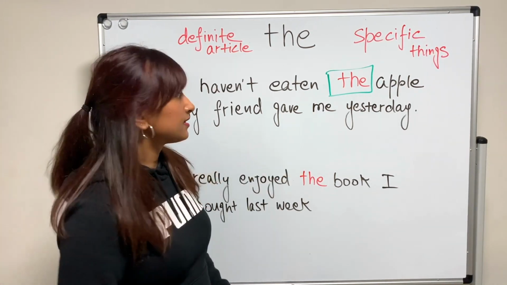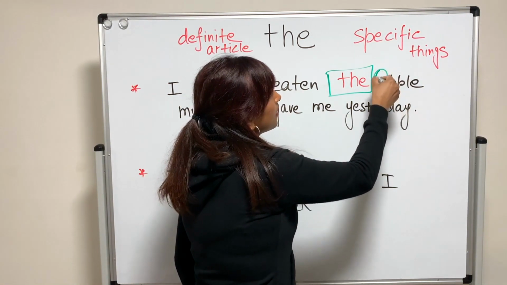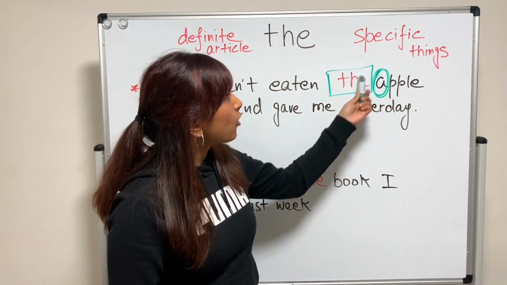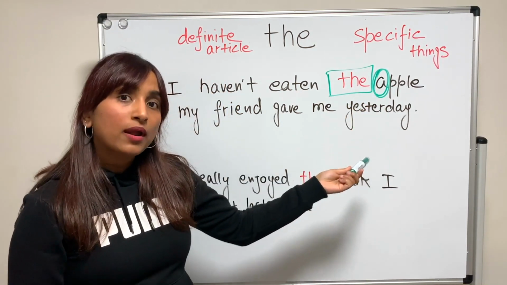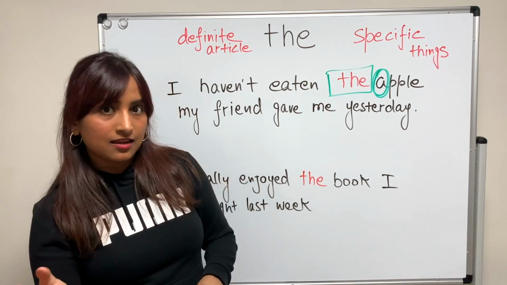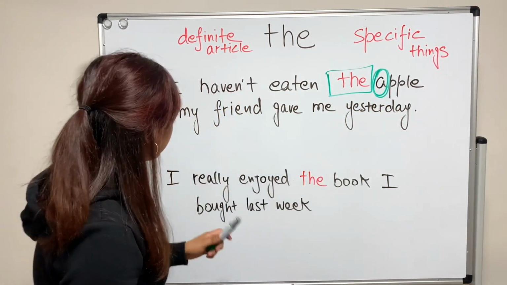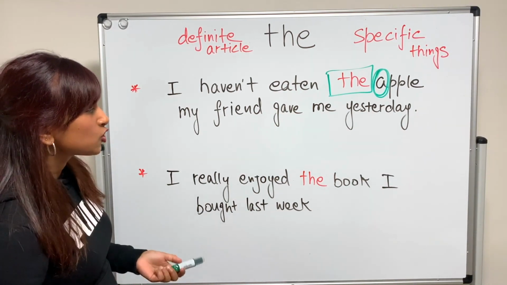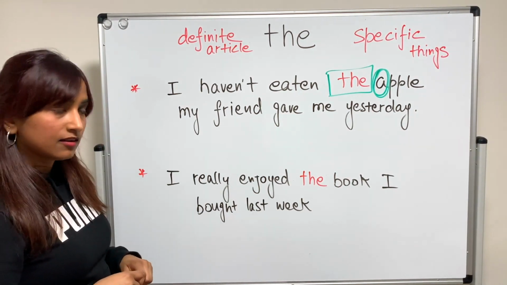And that's because this is a vowel sound. So if the word following the article starts with a vowel sound, I pronounce the "thee" apple. In this example, I'm saying I really enjoyed the book I bought last week.